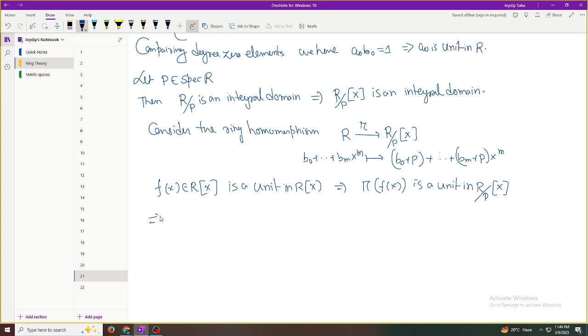That means (a0 plus P) plus and so on plus (an plus P) x to the power n is a unit in (R mod P)[x], but R mod P is an integral domain.